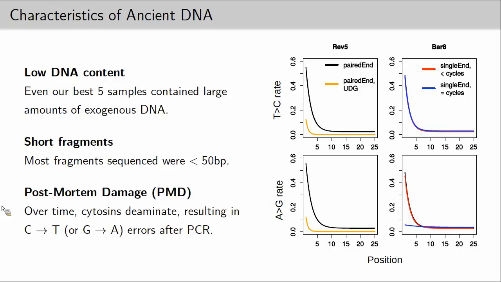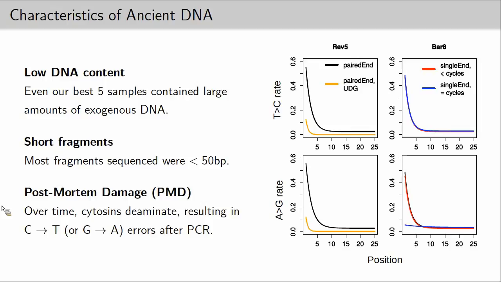The most common form of postmortem damage is the deamination of cytosines. If you have a deamination of cytosine, that turns into uracil, and if you do a PCR, that turns into thymine. As a result, you're going to see a lot of T's instead of C's when you look at these ancient fragments.